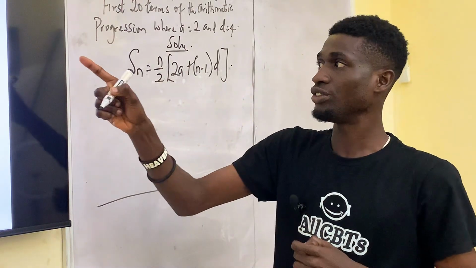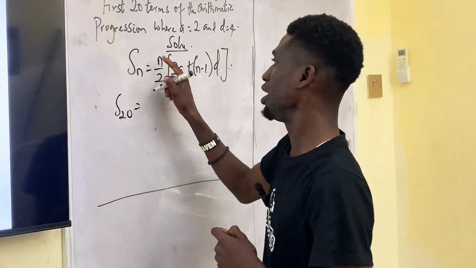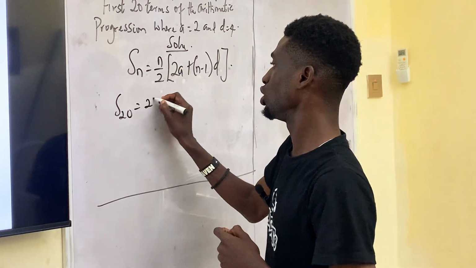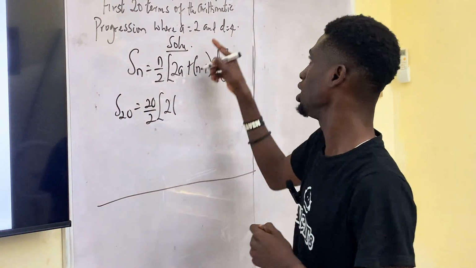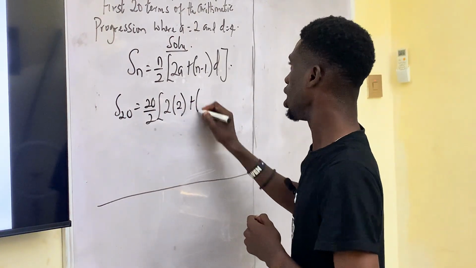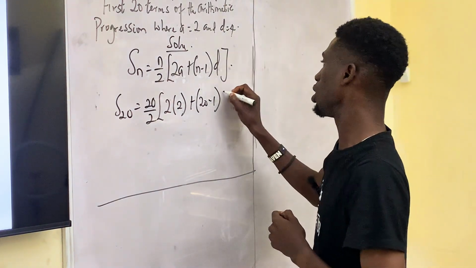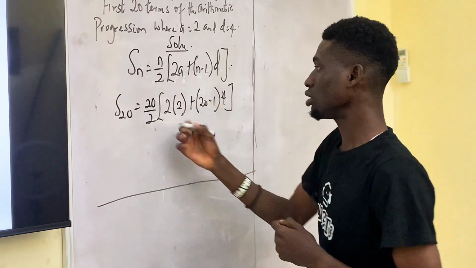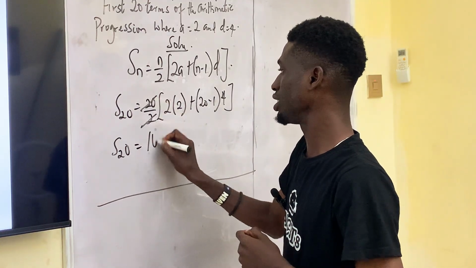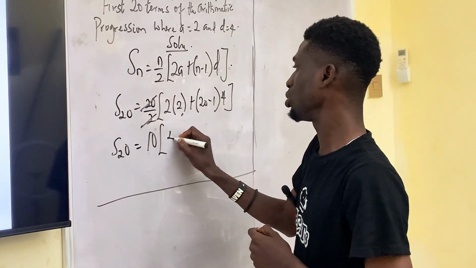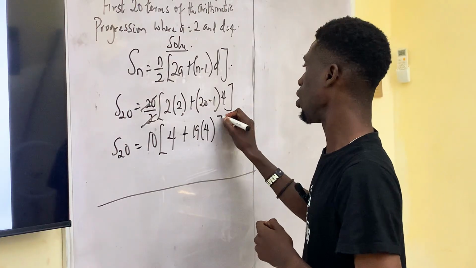Now, we are looking for the sum of the first 20 terms. So our S20. Anywhere we see n, we'll be inputting 20 as the value. Now, we know that our a is 2, our n is 20 minus 1, and our d is 4. So the sum of the first 20 terms equals 20 over 2, which is 10, open the bracket, 2 times 2, we have 4, plus 19 multiplied by 4.